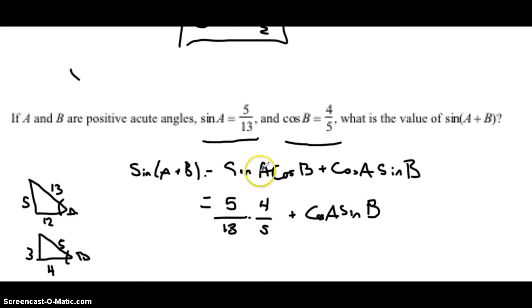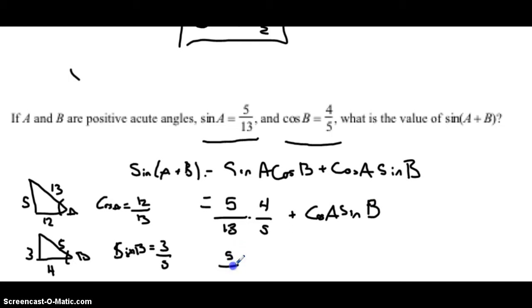Since we need the cosine of A, the cosine of A is equal to the adjacent, which is 12, over the hypotenuse, 13. For this one, we need the sine of B. So the sine of B is equal to the opposite, which is 3 over 5. So we just plug these in now.